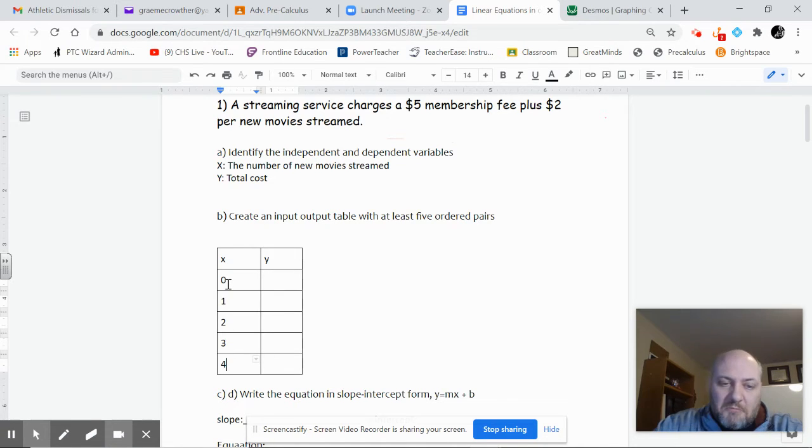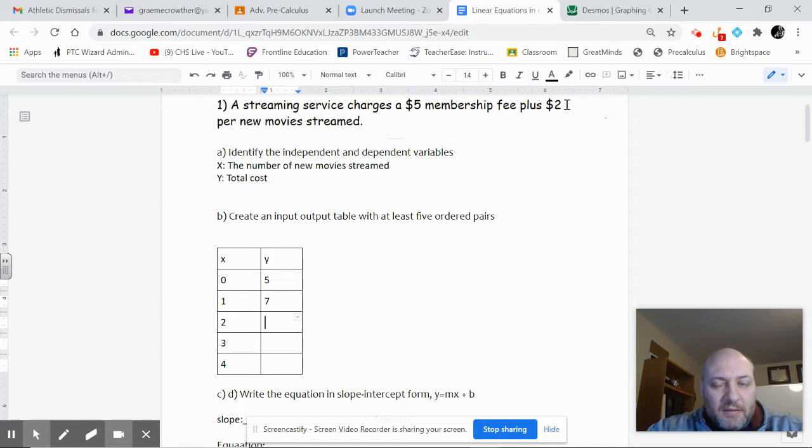I'm going to make it nice and simple, just do 0 through 4. So if I don't buy any movies, I'm only paying the membership fee. That would be $5. If I buy one movie, that would be $5 plus the $2 for the movie, giving me a total of $7.